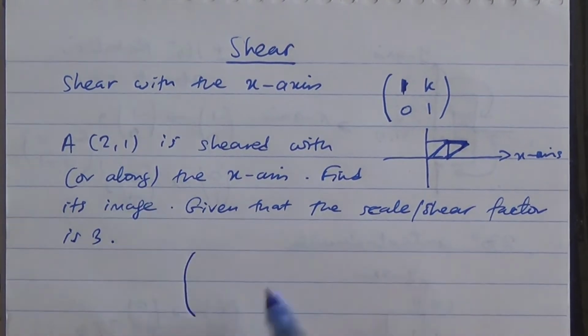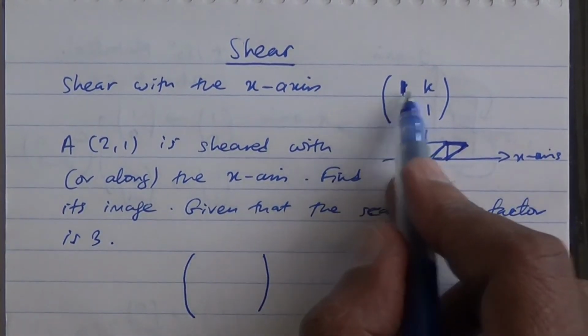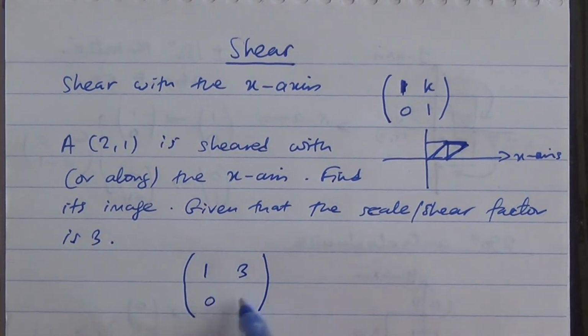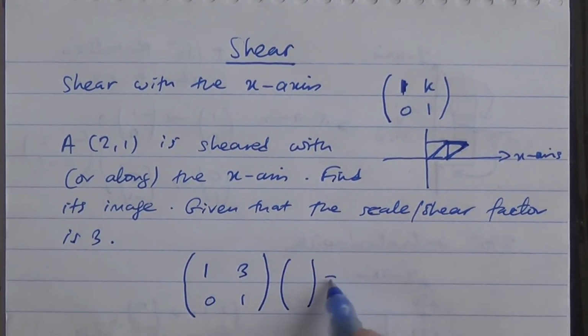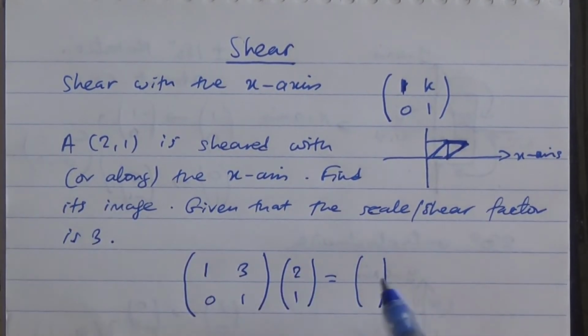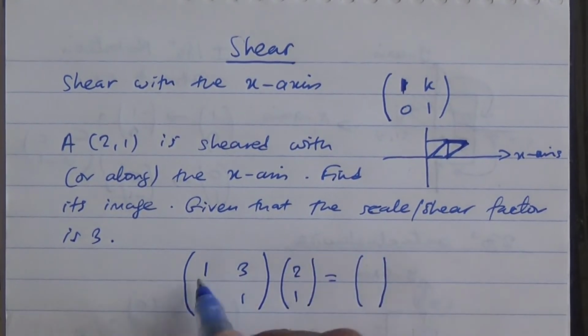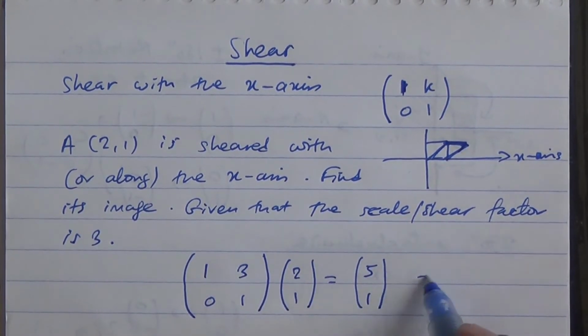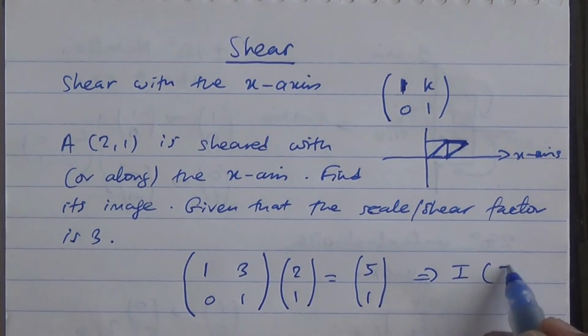Therefore the matrix is [1 k; 0 1], so [1 3; 0 1], because the shear factor is 3, and then you multiply by the coordinate (2, 1), and you get its image. 1 times 2 is 2, 1 times 3 is 3, 3 plus 2 is 5, and 0, 1. So you've got the image, let me just call it I, the image is (5, 1).